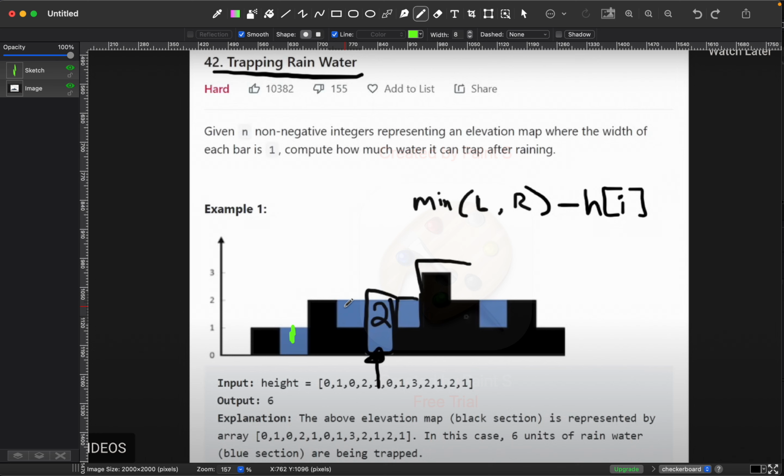What's going on? Maybe the minimum will always update itself. That's how I look at it.